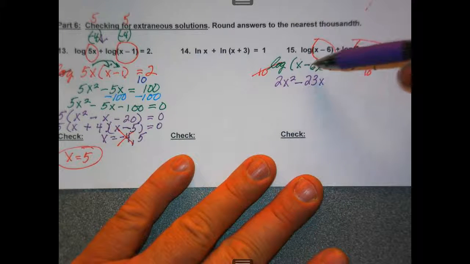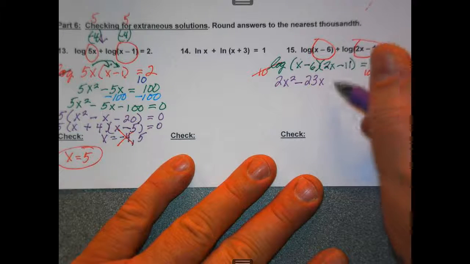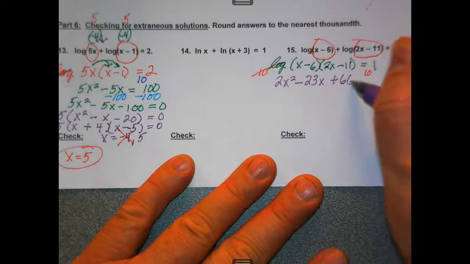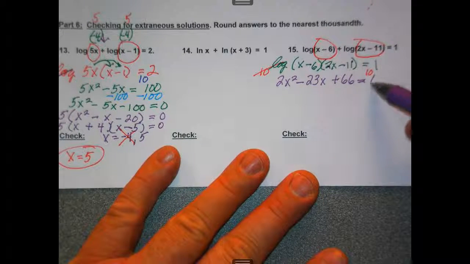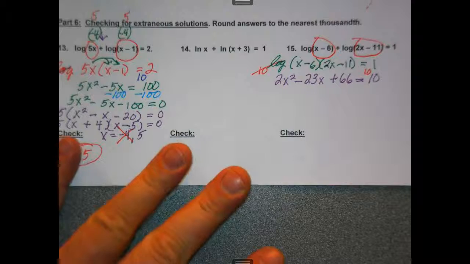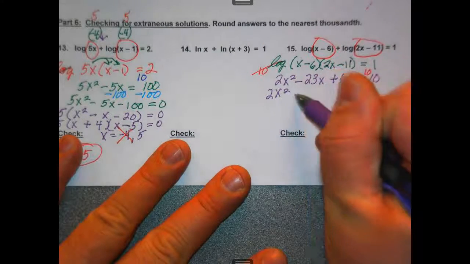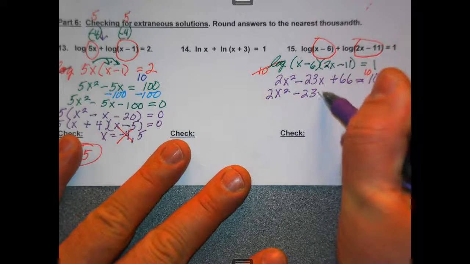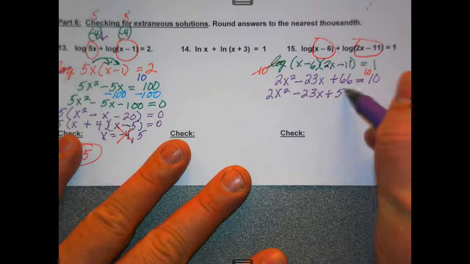And last, -6 times -11 is a positive 66. And what's 10 to the first? That's right, kids, 10. Got to get 0 on one side. Subtract 10 from both sides. I get 2x squared minus 23x plus 66 minus 10 is 56.